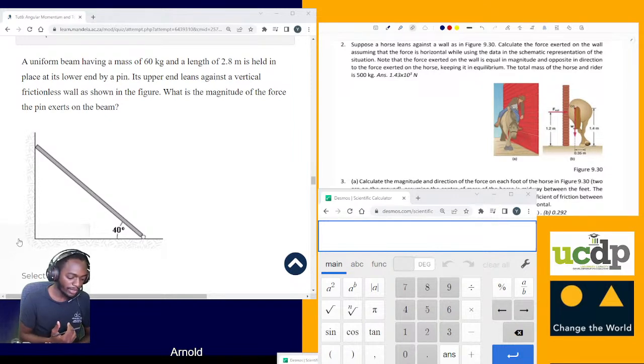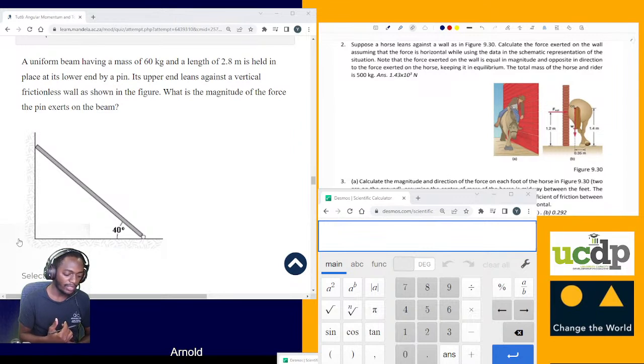So let's start with question 2. It reads: suppose a horse leans against a wall as shown in the figure below. Calculate the force exerted on the wall, assuming that the force is horizontal, while using the data in the schematic representation of the situation.